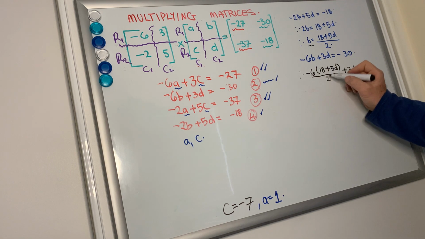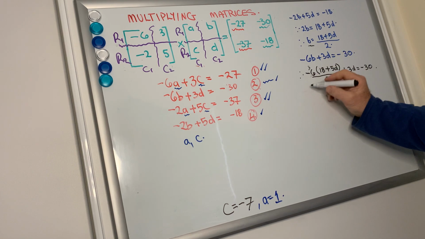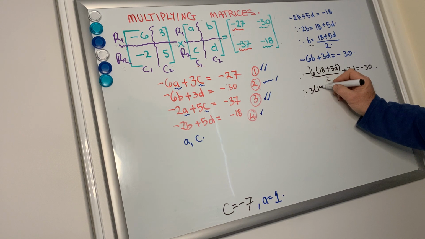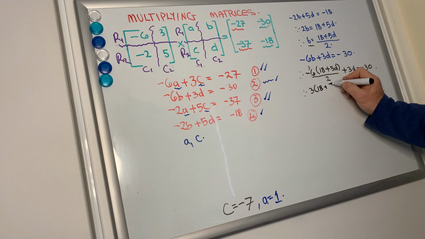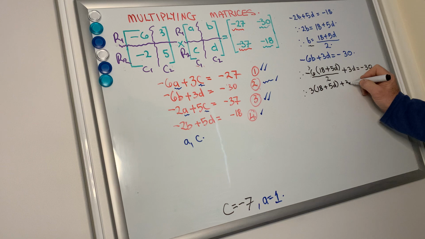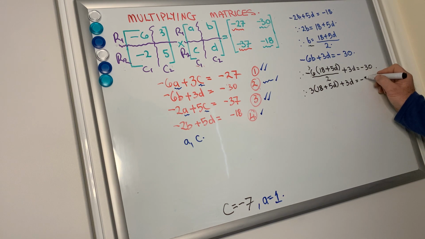The 6 cancels out and the 2 cancels out, becomes a 3. So therefore, 3 into (18 plus 5d) plus 3d is equal to minus 30.